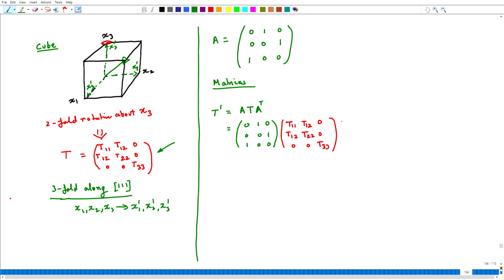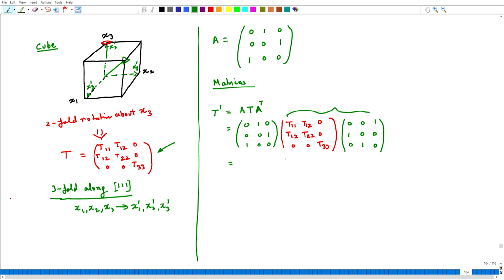And I will write the transpose now. So, transpose would be row into column. So, 0 1 0, then 0 0 1 and 1 0 0. Now, let us multiply first these two matrices.